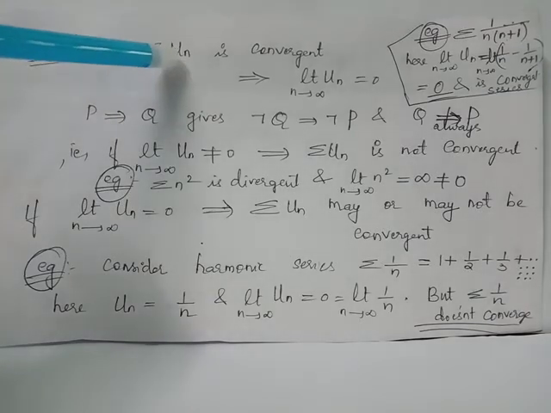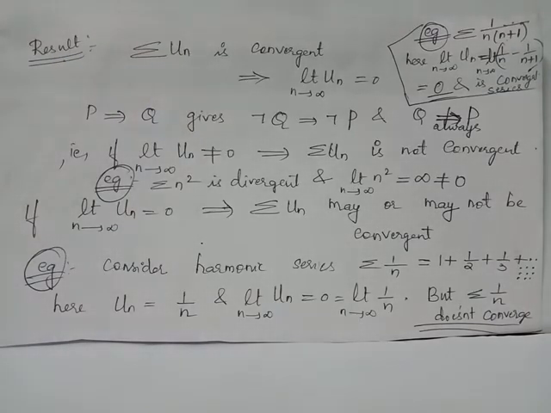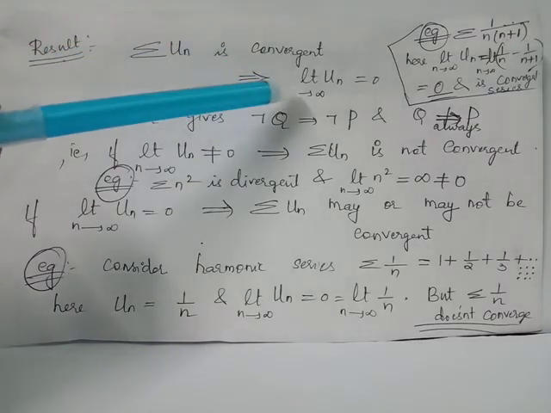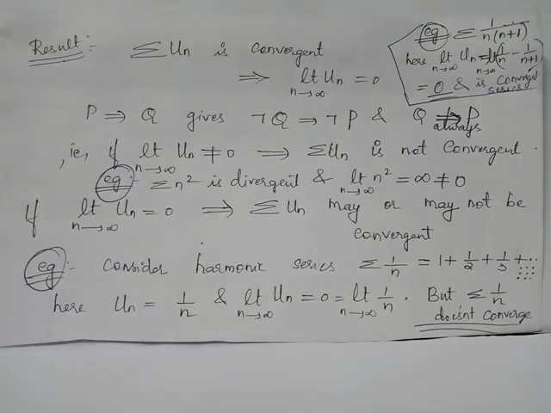For this particular statement, we will have to conclude that the converse may or may not be true. That is, whenever limit n tends to infinity un is obtained as 0, it may or may not imply that the corresponding infinite series will be convergent.